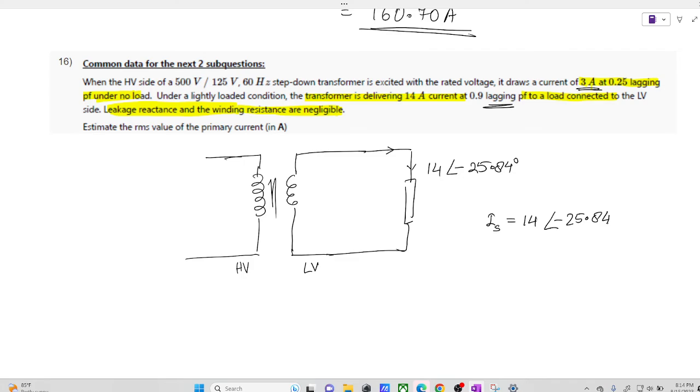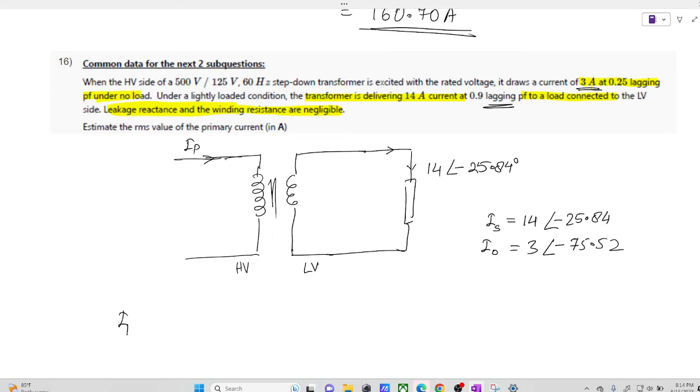So IS is given as 14 ampere. I naught is 3 ampere at 0.25 lagging. So what will be the value of 0.25? That is 3 angle minus 75.52. So what will be the value of I primary?